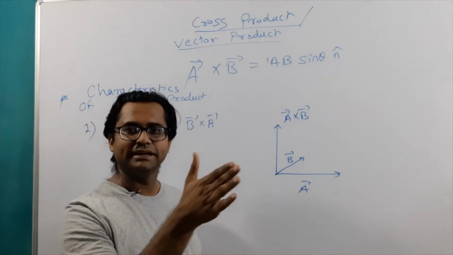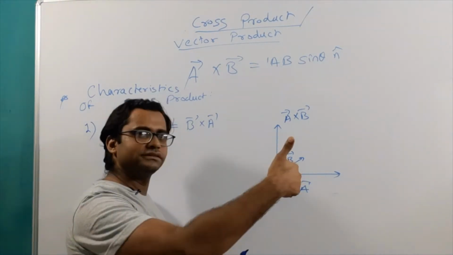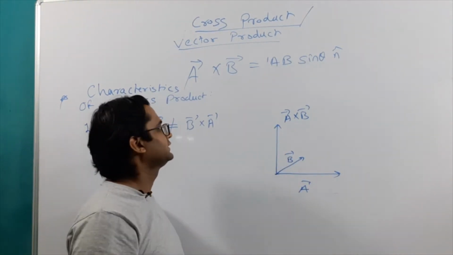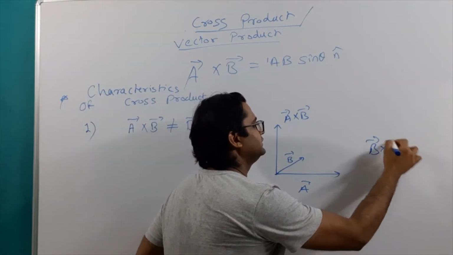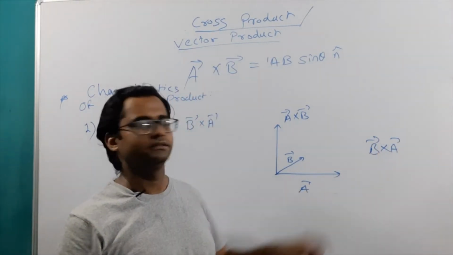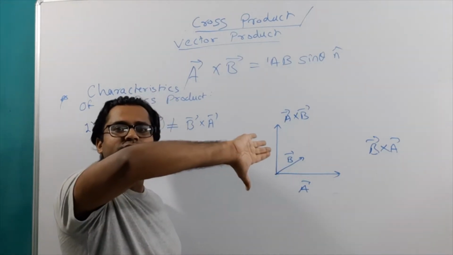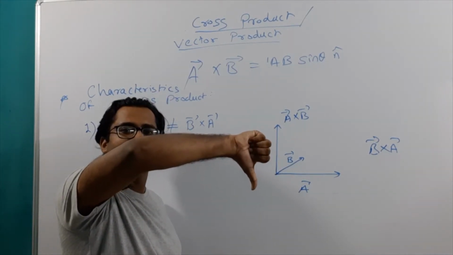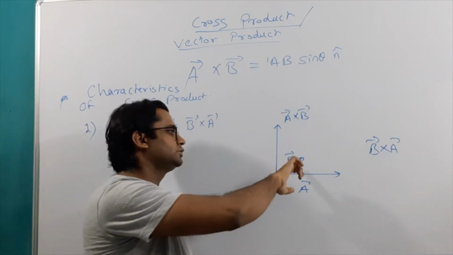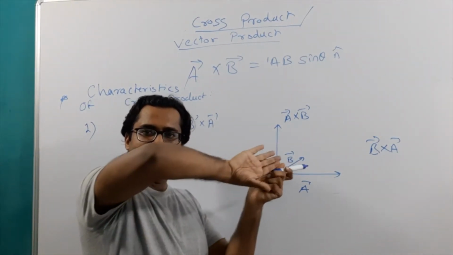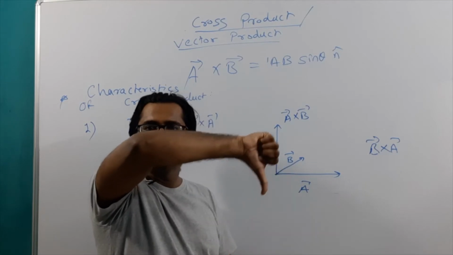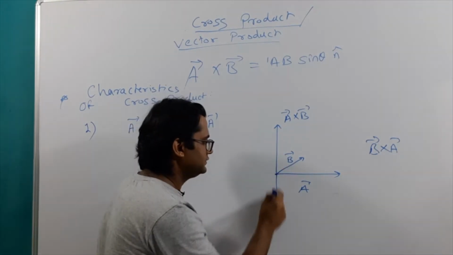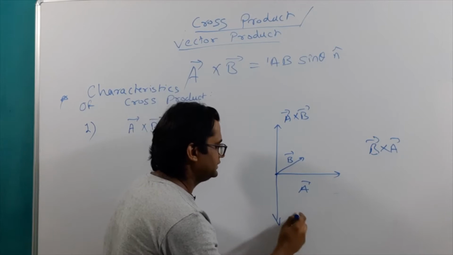By using the right hand thumb rule, a bar is rotated towards b bar and we get this direction. Now if I consider b bar cross a bar, my first vector is b bar, so rotate the first vector towards the second vector using your right hand, and the thumb will show the direction of b bar cross a bar.